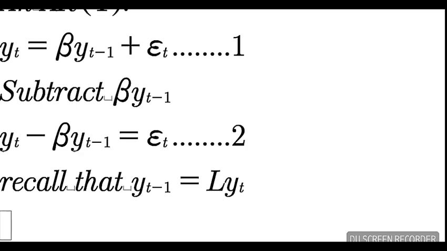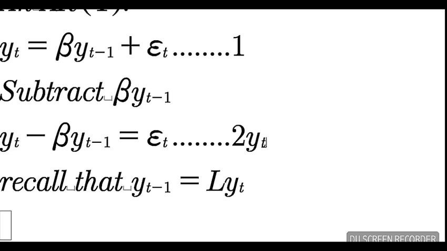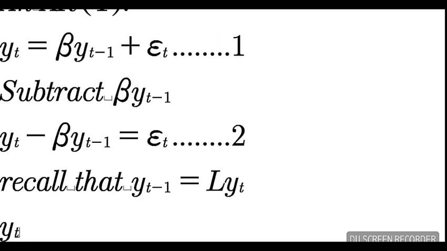This is the equation: y sub t minus beta times the first lag of y sub t equal to the error term at time t.